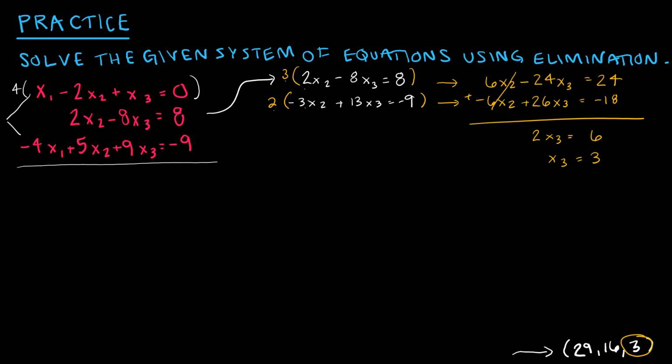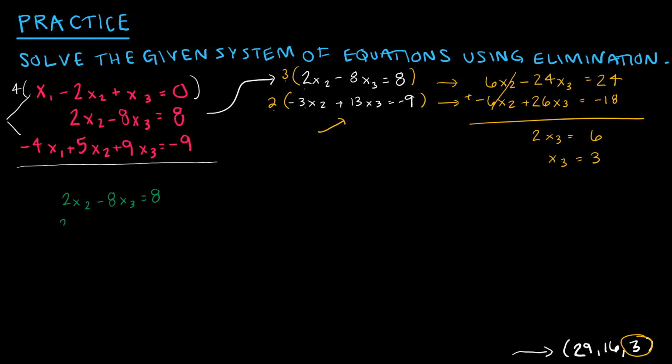And I'm feeling pretty good about myself because so far I'm right. Now, what do I do with the x3? Well, I have to plug it back into an equation to solve for another variable. Now, I don't want to go all the way back here usually, because usually I've got 3 equations with 3 variables. So I'm going to choose one of these equations, and it doesn't matter which one. So I'll go ahead and choose the 2x2 minus 8x3 equals 8.